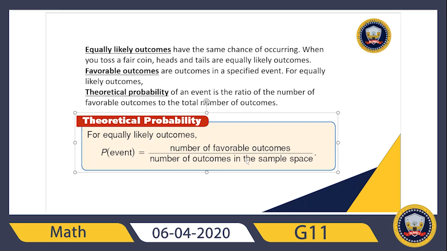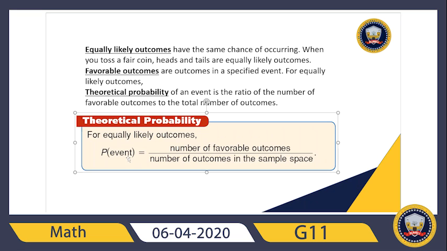For example, my favorable outcome is to have 3 on one of the faces of a dice, so I would say having this 3 over the total number of outcomes in the sample space. This is how we can find the probability of one of the outcomes or events that I have in this trial or experiment.